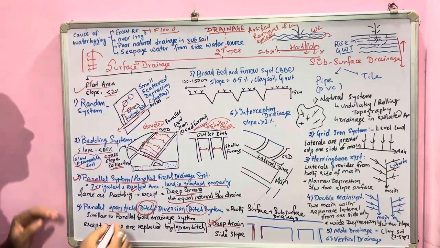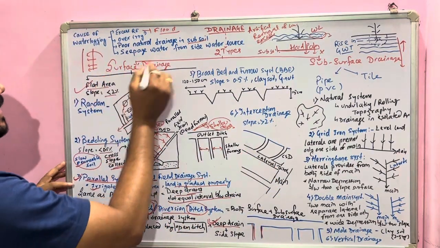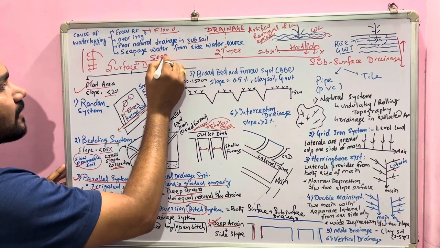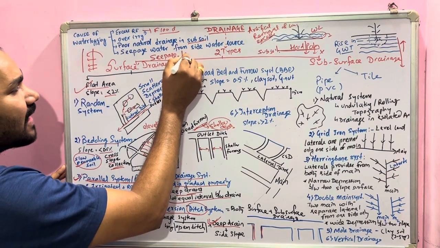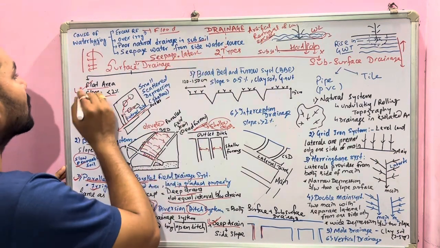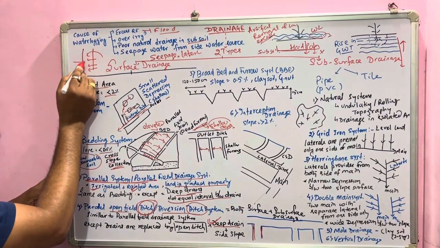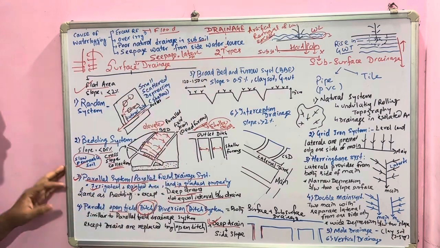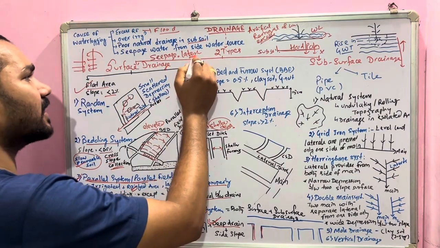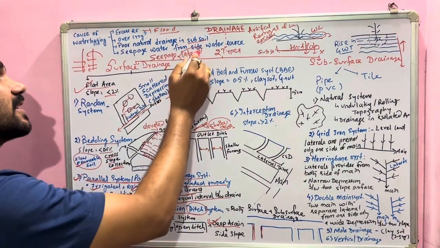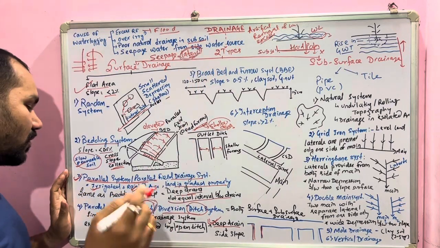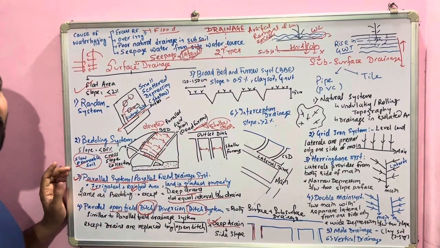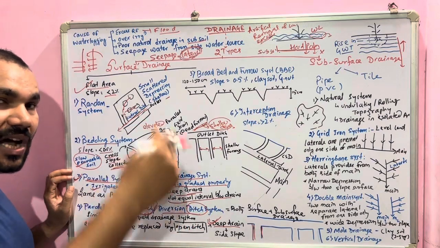Basically, what does seepage mean? Seepage means lateral movement of water. Lateral movement of water is called seepage, and this normally happens in the unsaturated condition, whereas percolation occurs in the saturated condition, as downward movement.